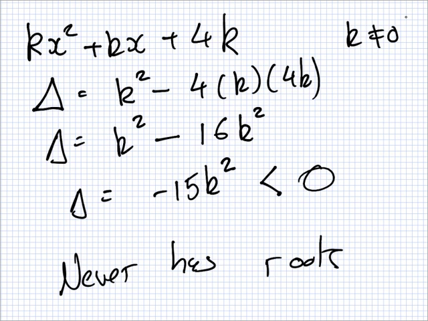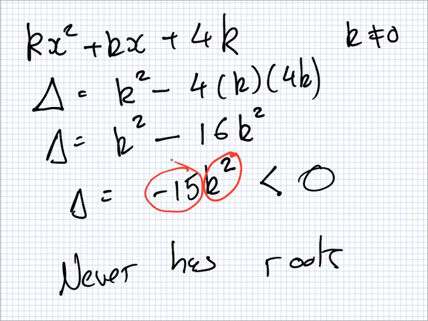How do we know it's always negative? Because k squared is always positive, because it's a square, and minus 15 is always negative.